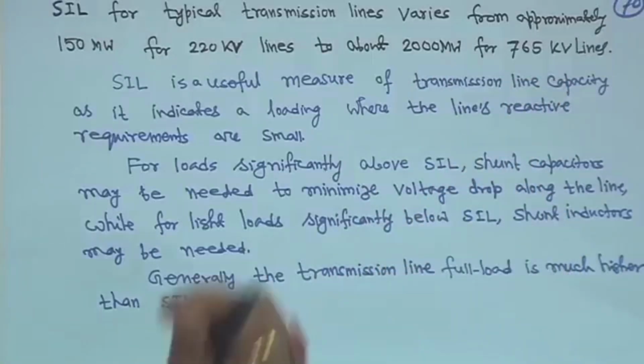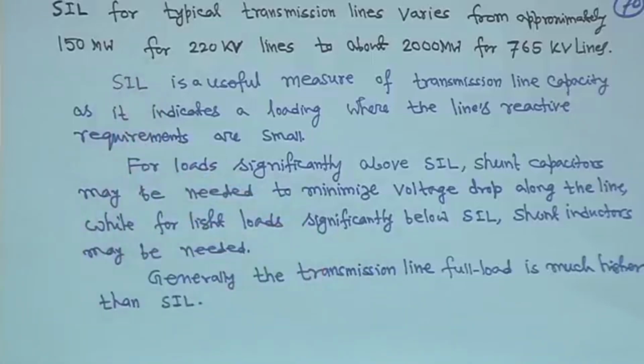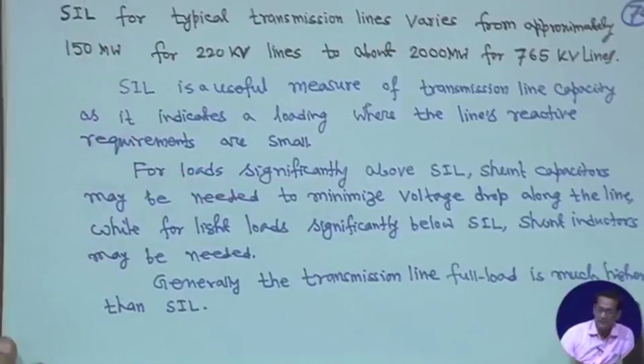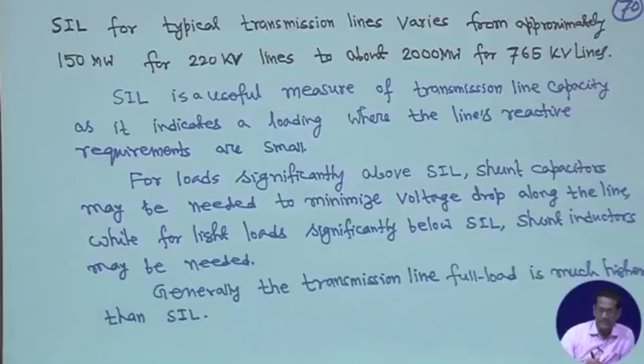But generally the line, when operated at full load, operates much above the surge impedance loading. So SIL is a useful measure of transmission line capacity, as it indicates a loading where the line's reactive requirements are small.